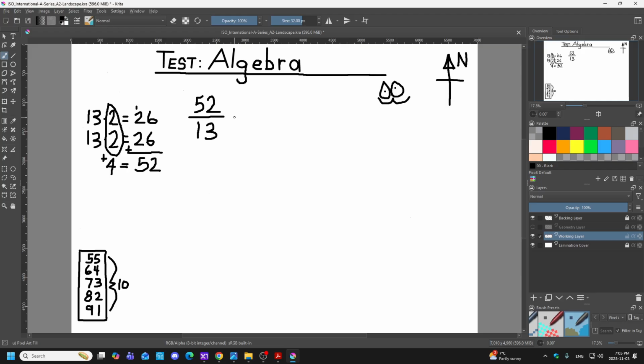So let's now reduce and factor. The first thing we do is ask ourselves, what times 13 equals 13? Well, that one is an easy one, right?